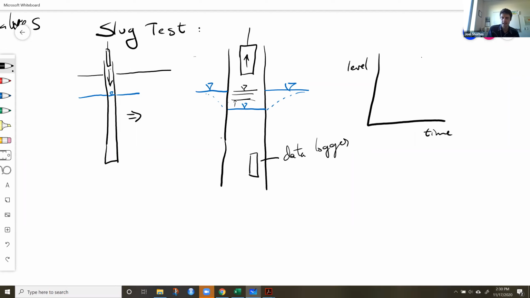And so you take the slug out and the level's low. And then over time, I can't remember exactly what it's gonna look like, I think it's like here. It's gonna be some sort of asymptotic thing, right? You're gonna end up back at your original level asymptotically.